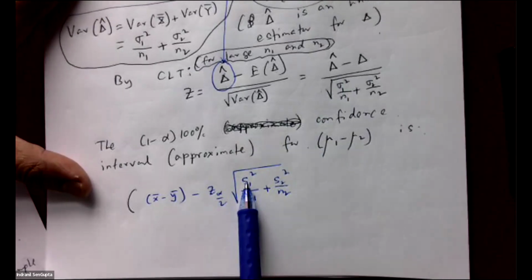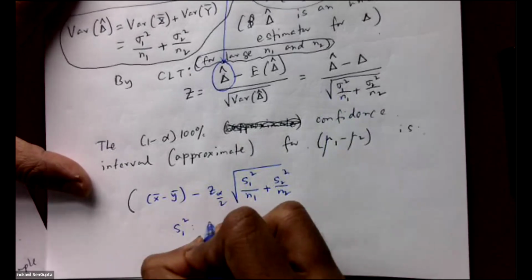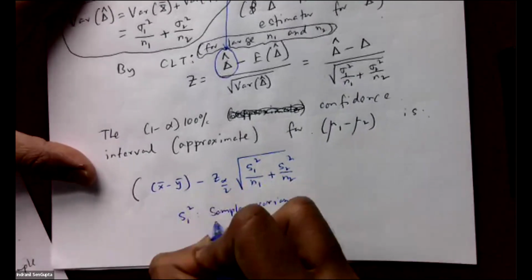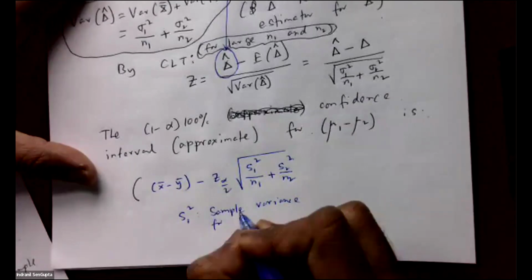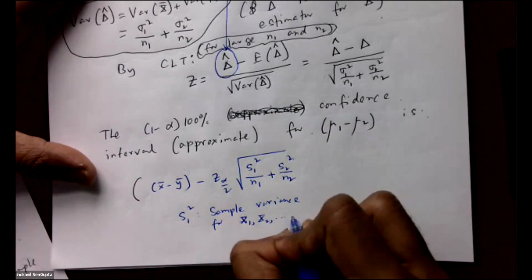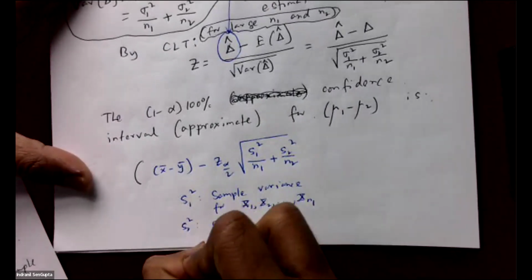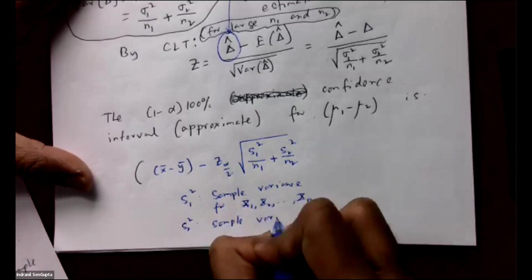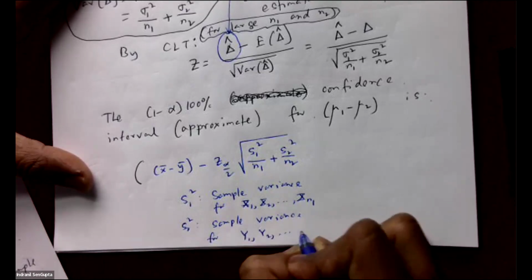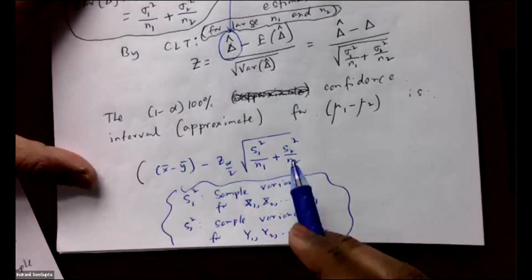So S1 squared is the sample variance for x1 up to xn1. And what is S2 squared? S2 squared is the sample variance for y1, y2, up to yn2. Okay, so that's the first one.